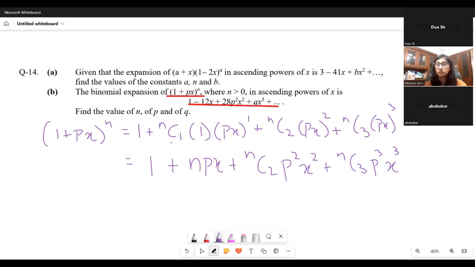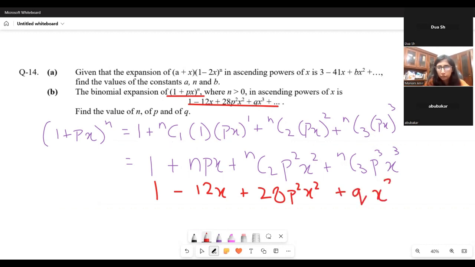So this is the expansion that we got. And the original expansion given in the question is 1 minus 12x plus 28 p square x square and plus q x cube.